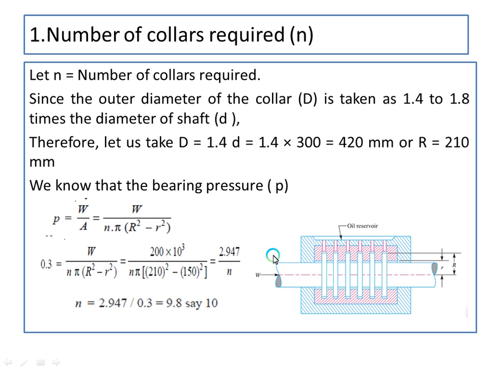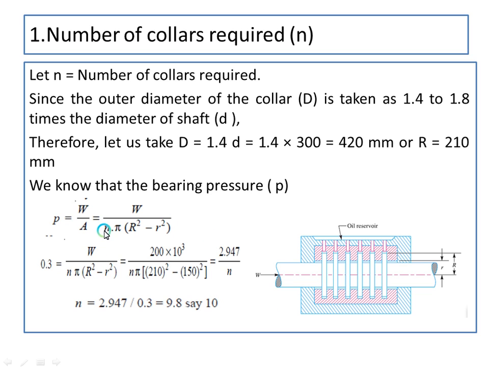And next, we know the formula for pressure. It is nothing but load by area. And since he has asked to calculate the number of collars, the number of collars has similar areas here.